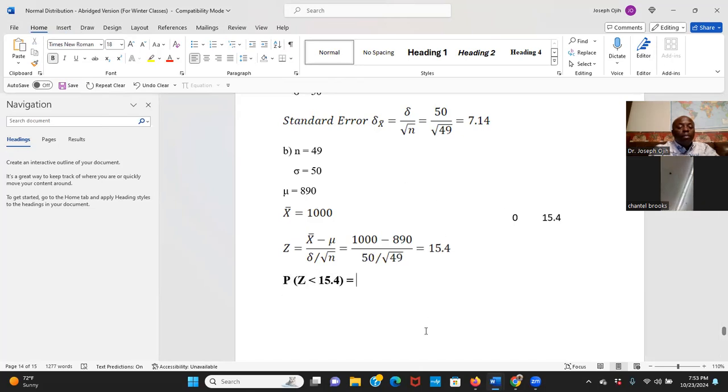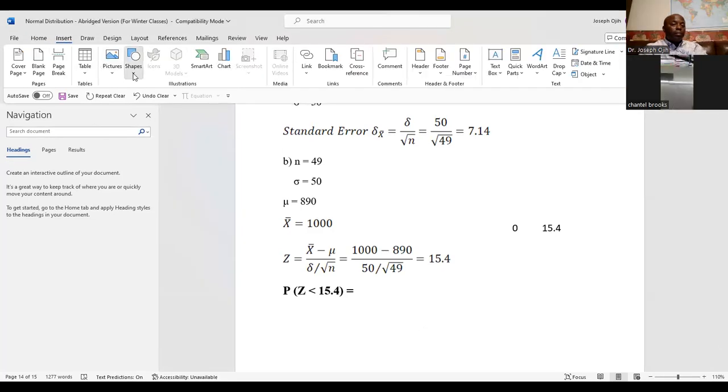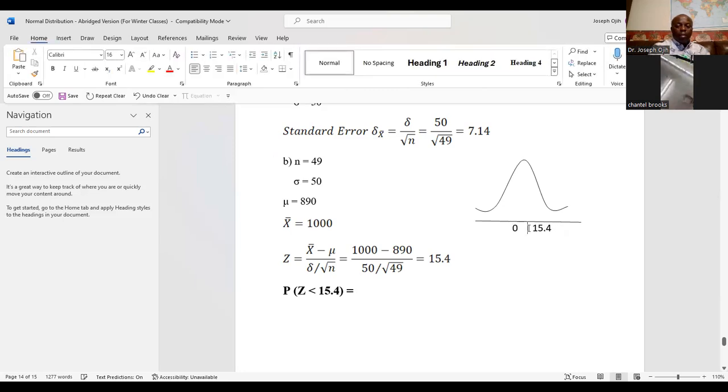Now let's put the chart. I've got the x-axis. Then I'm going to put the center line like before.